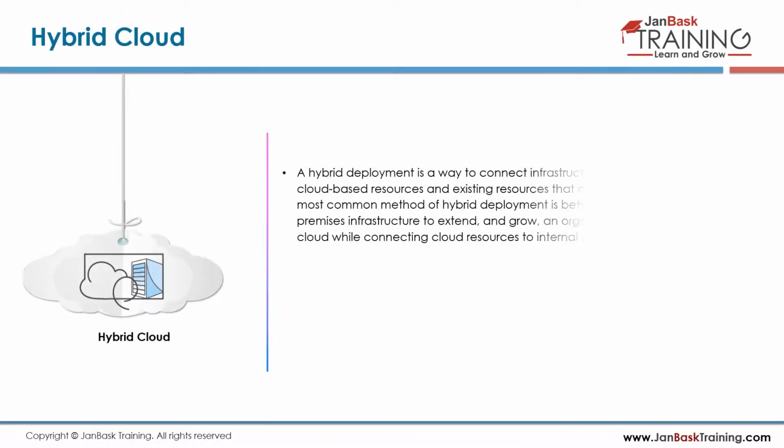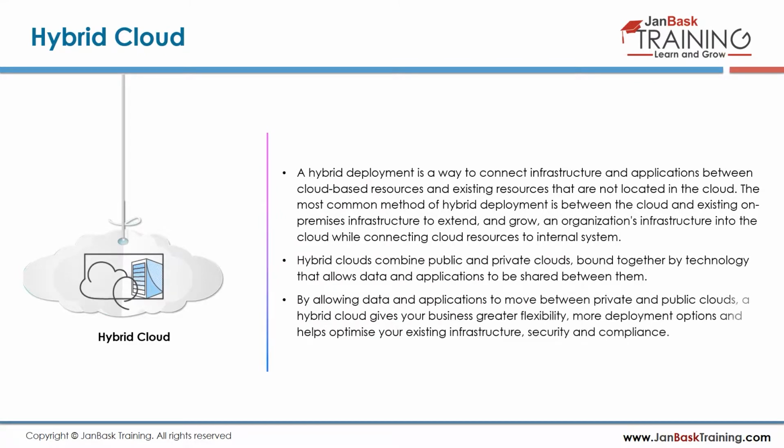Then comes the hybrid cloud. Hybrid cloud is what most big enterprises work with. Private cloud is when you have your own data center and you just isolate it from public cloud. But if you want your existing data center and your public cloud provider to work together, you go to hybrid cloud.